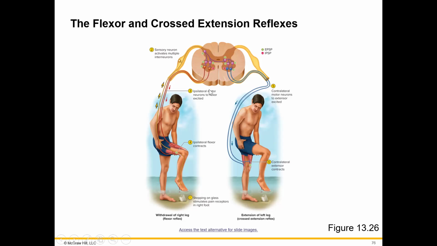Then, ipsilaterally, the motor neuron to the flexor is excited to flex, and the ipsilateral flexor contracts. And then the contralateral motor neurons to the extensor are excited, and that causes the contralateral extensor to contract.